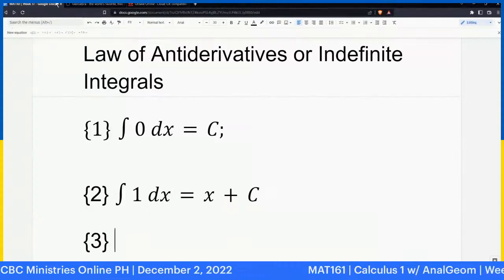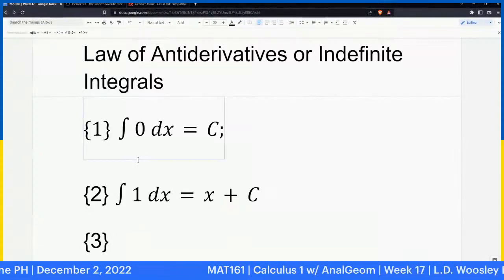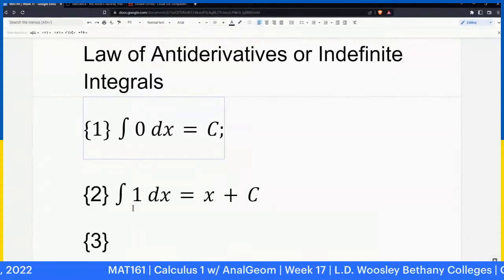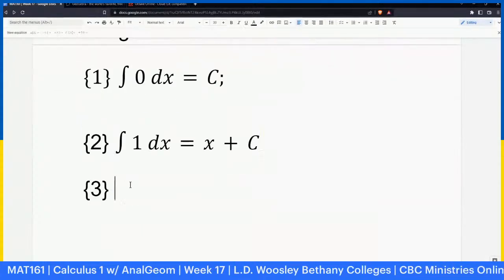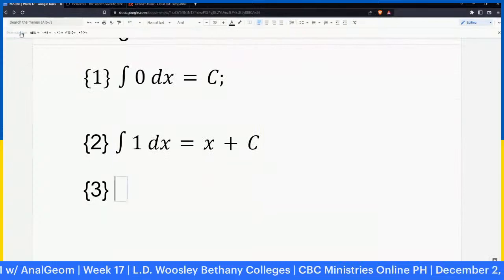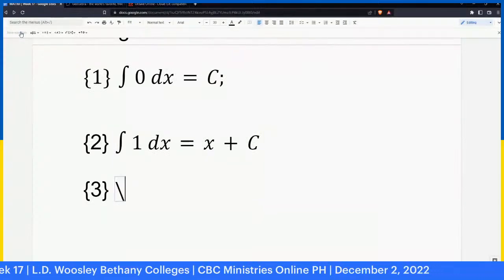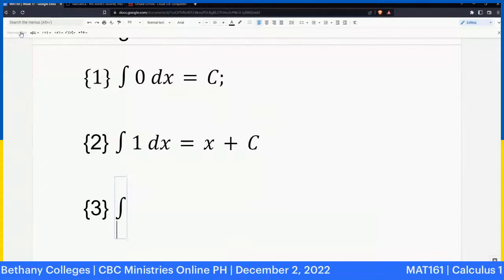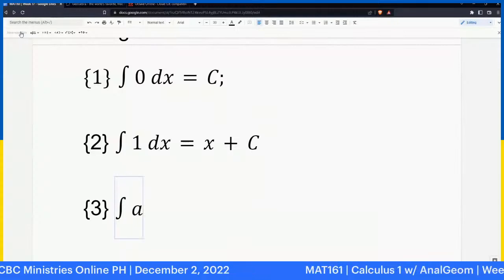Okay, number 3. This is similar. Integral of a dx.